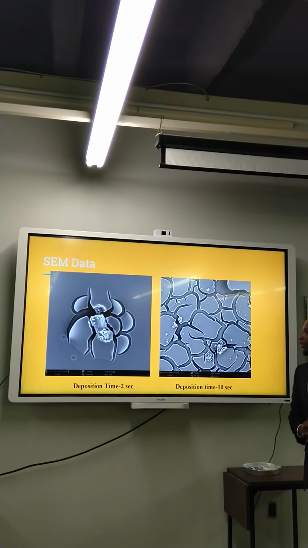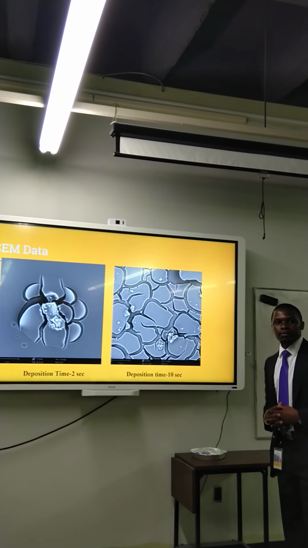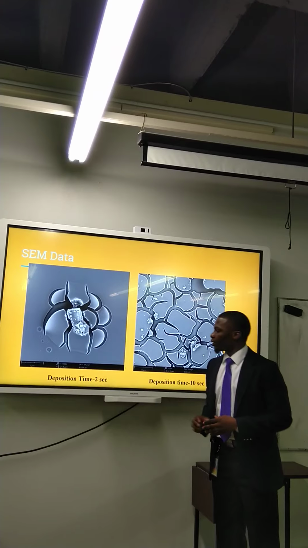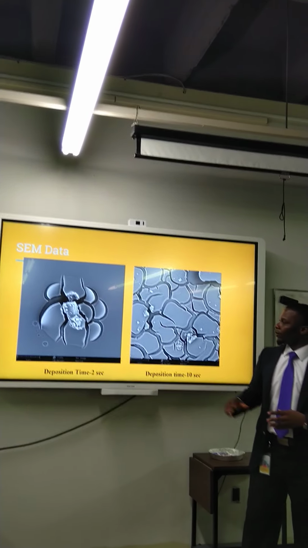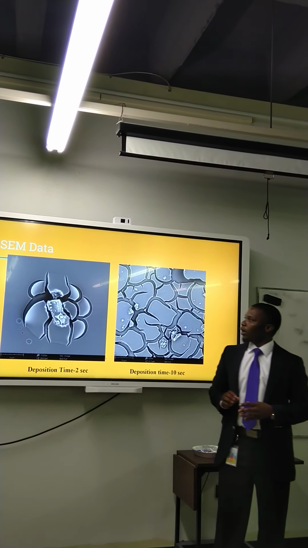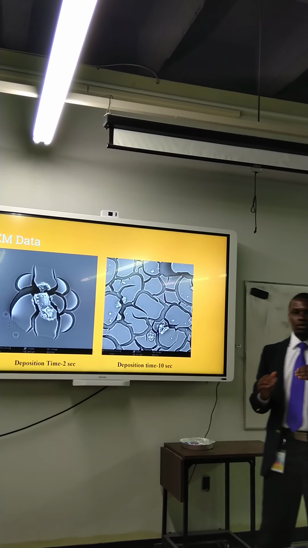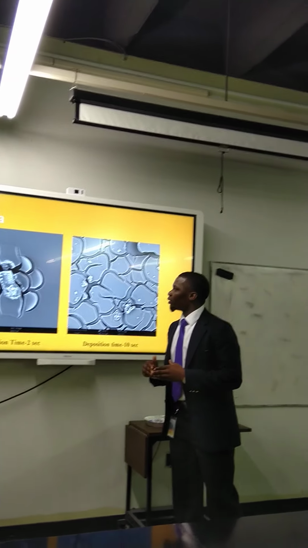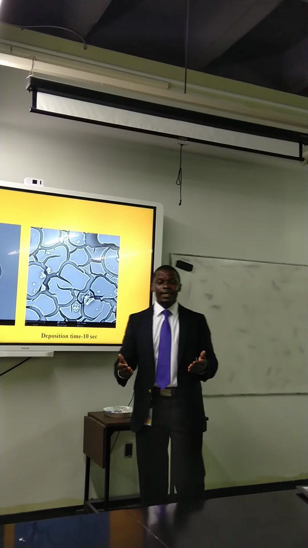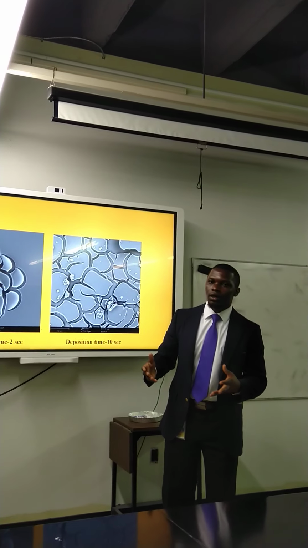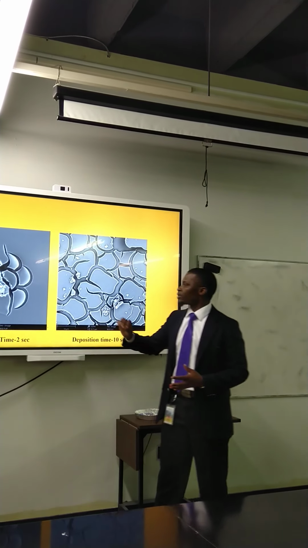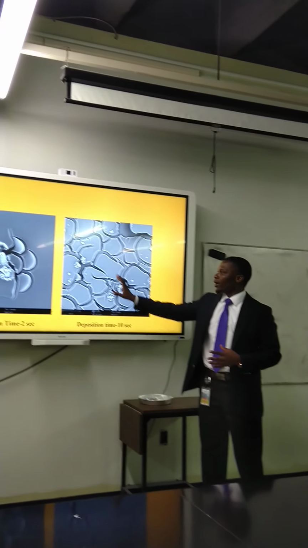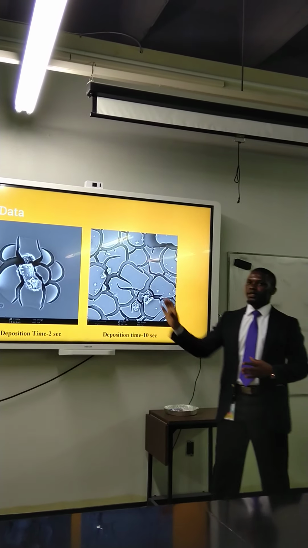And then this is the SEM measurement, and on this one you see that in 2 seconds the thin film had cracks, which means we did not get a homogeneous distribution in this one. But compared to the 10 seconds, you can see that here it's more homogeneous than the other one.